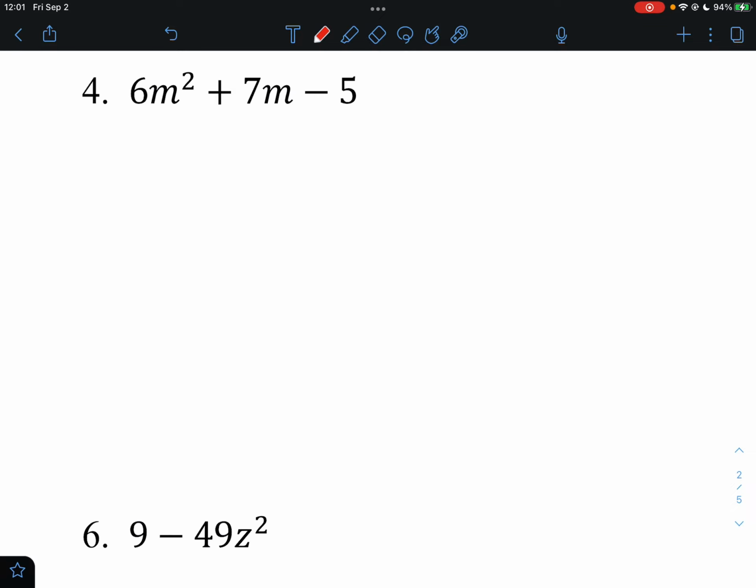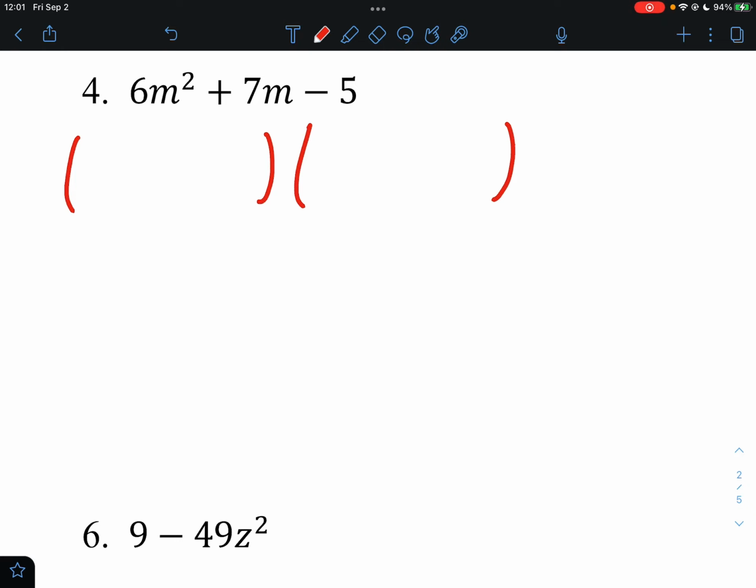Number 4. So this is our first real tricky one here. We have no GCF. So it's just factoring a trinomial into 2 binomials, if we can. If you looked at my last video, we have 4 different ways of going about this. As I mentioned in that last video, I prefer just guess and check.